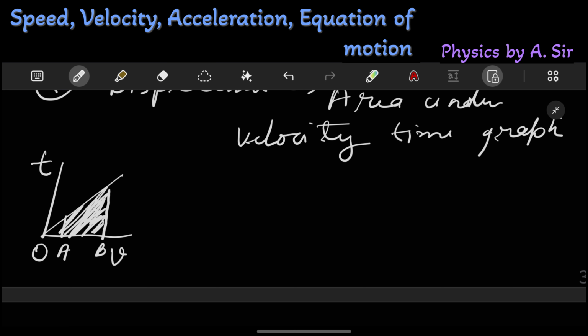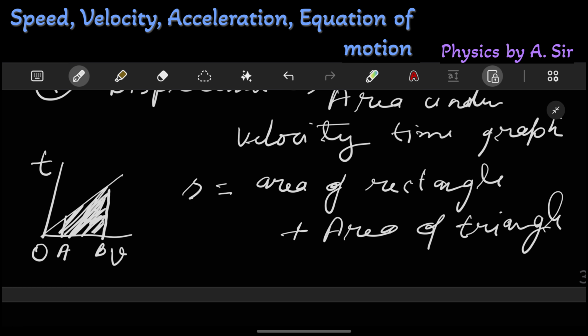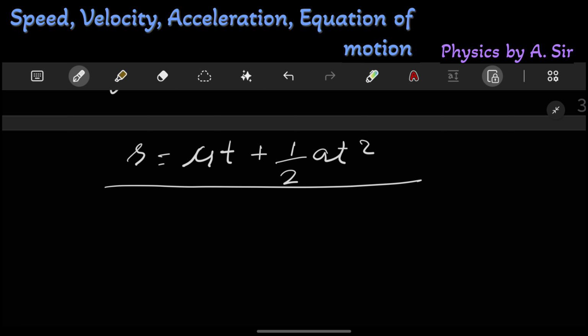Okay. So displacement is the area of the rectangle plus the area of the triangle, which I'm sure you have seen in your book, which is s equals ut plus half at square. There are some other techniques to do this, but it is the simplest one.